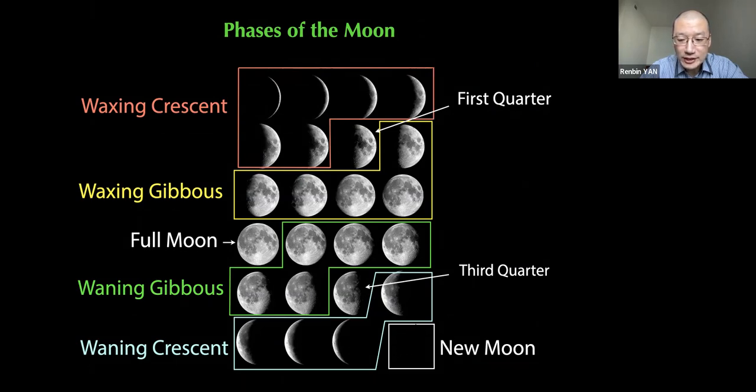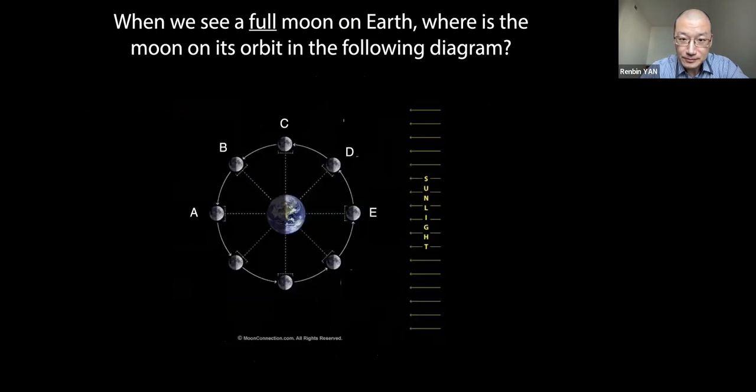So we always use the date on which we cannot see the moon as the start of the lunar calendar month. So lunar month, we always start with new moon and end with new moon as well. I want to give you some questions and see how well you understand this.